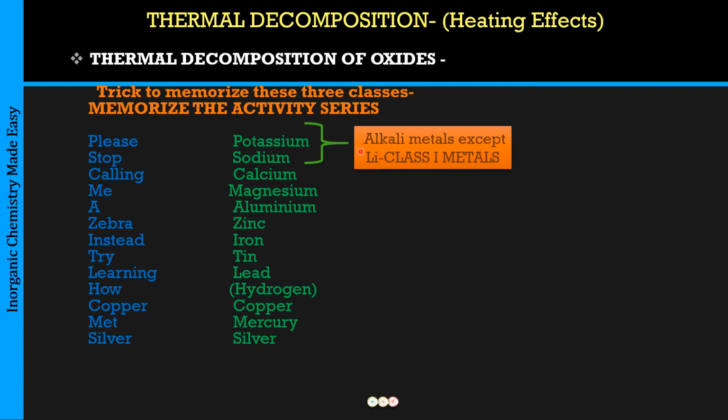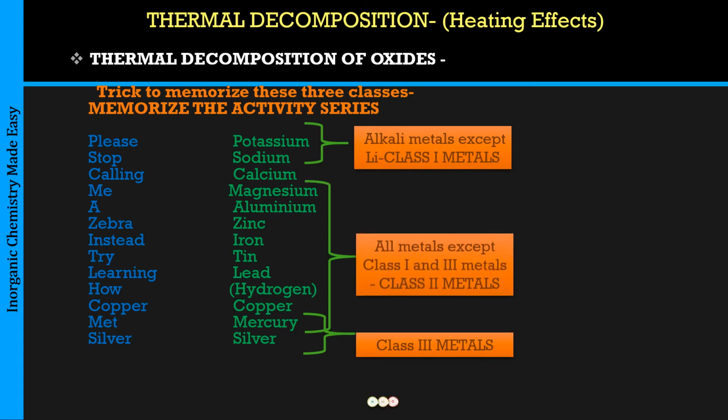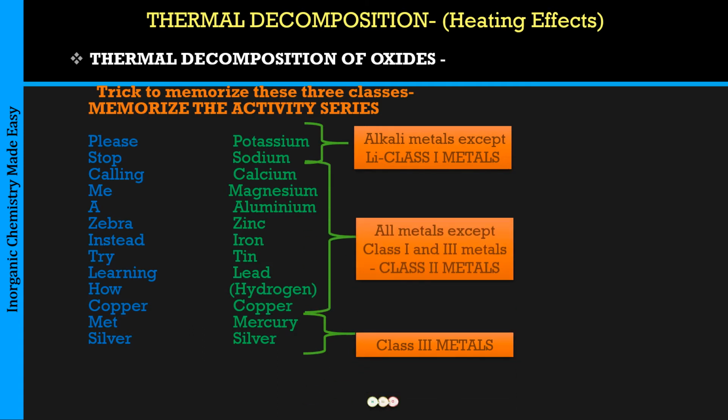So all the alkali metals except lithium are going to be class 1. Then you move on to the last two, that is mercury and silver. These will be the class 3 metals, and all the remaining in between are going to be class 2 metals. So I think this will be easy.